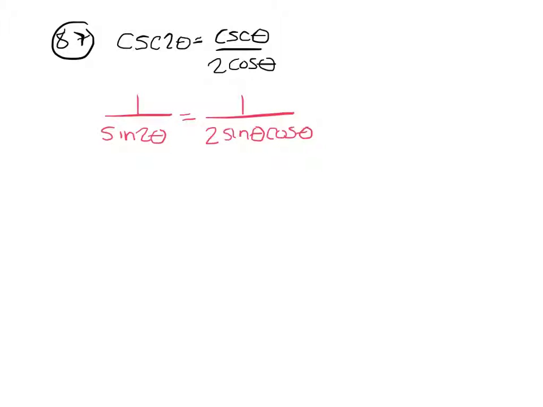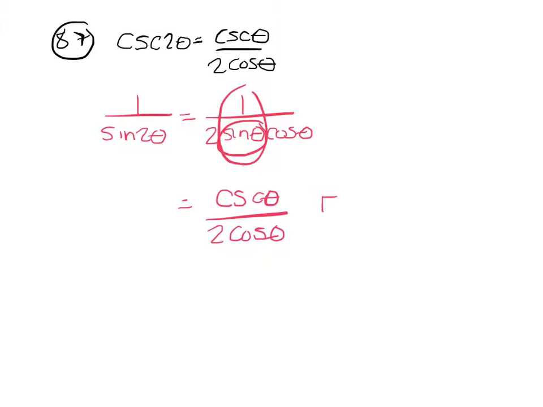And if you look, on the bottom of what I want is 2 cosine theta, so I already have that. And the top is cosecant. Well, that's just sine if I moved it up. So I'm going to rewrite that. I'm going to take that sine, and remember 1 over sine is cosecant, so I can write cosecant on the top, and then I'm left with 2 cosine theta, which is exactly what I was looking for.